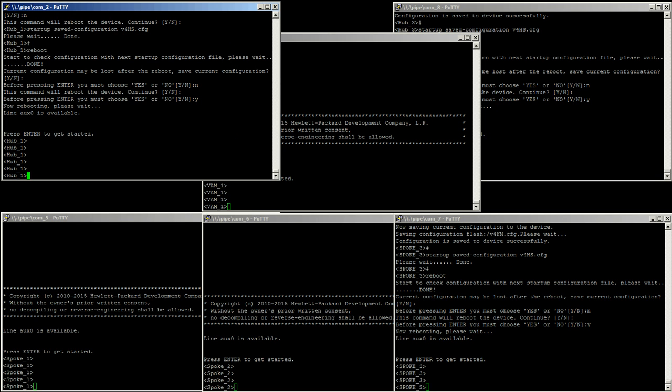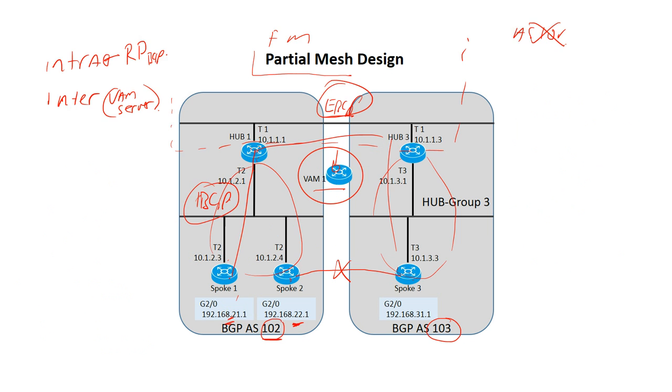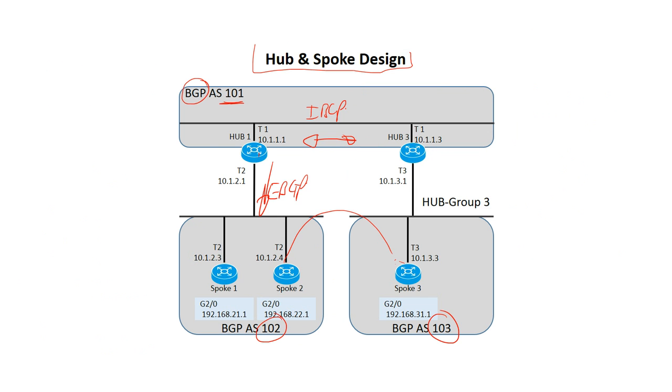And like we said with hub 1, the initial design, going back to my design, if you give me 1 second, I'll get there right now. There it is. What we want to do is in hub and spoke, we're going to have a BGP 101 in hub 1, and spoke 1 and 2 will be in BGP 102.